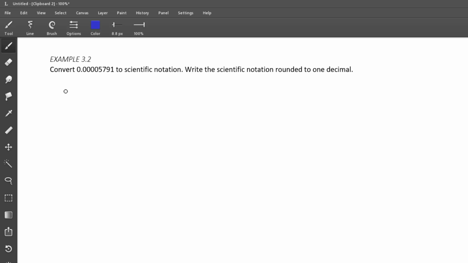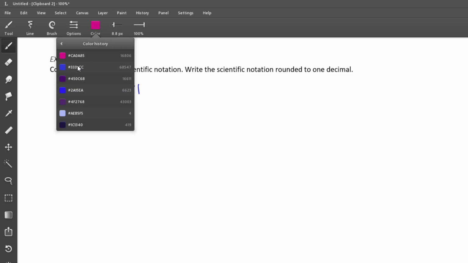So to convert this number, I'm going to use my hopping decimal point. There are many ways to do this, but you have to account for how many places you're moving the decimal. And this is the one that happens to be my favorite. So I'm going to take my decimal point. I'm moving it 1 to the right, 2, 3 to the right, 4, 5.